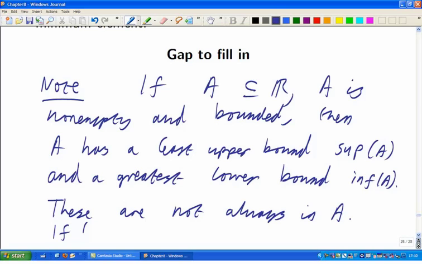And the nice thing in this result is we know that A is closed, and that's going to help us.